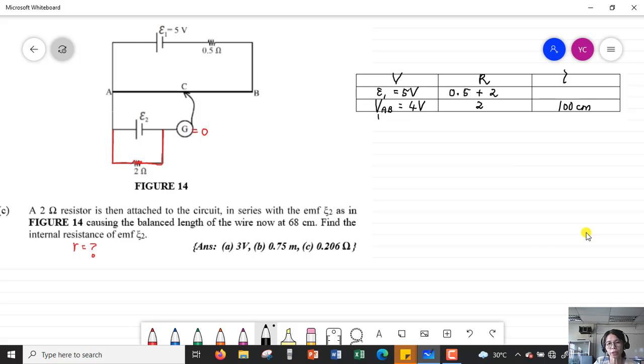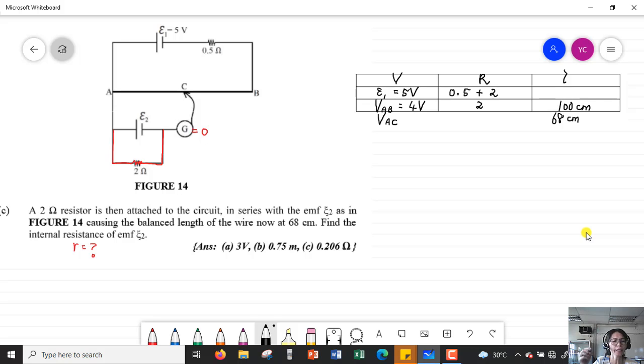The voltage across the balance length we denote as AC. The balance length when the G reaches 0 is 68 cm. That is the information we know in the question. So we want to determine the internal resistance of the EMF E2.